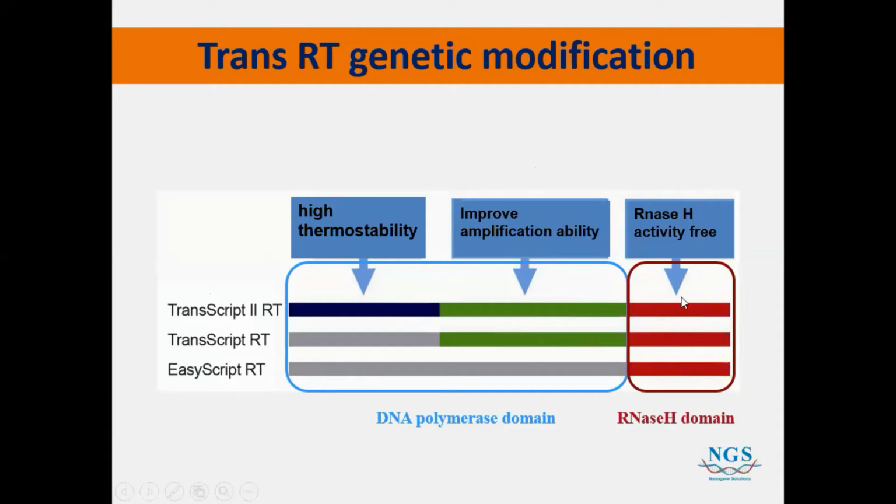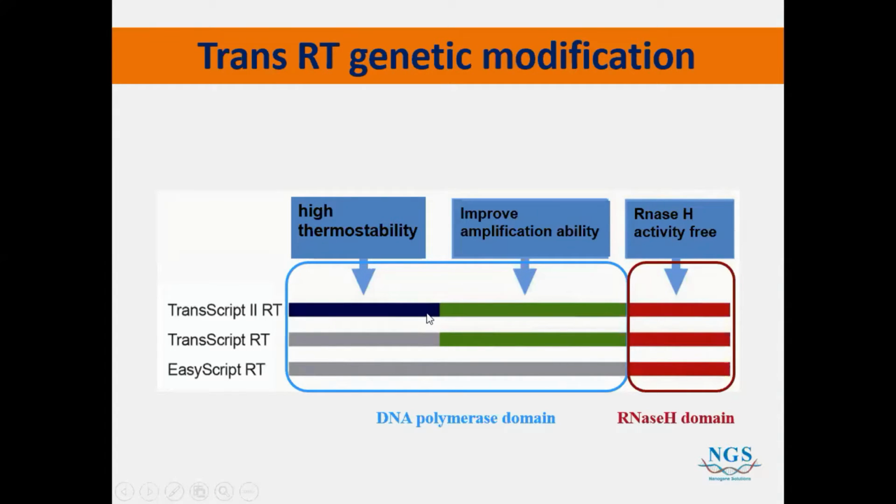The first modification made by Transgene to improve this enzyme is at the RNase H domain. With this modification, our enzyme will be free of RNase H activity. Later I will talk more about RNase H activity and its effect.